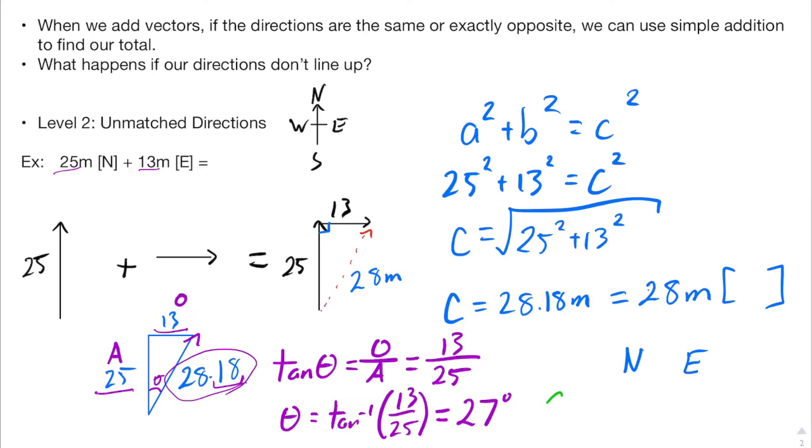Therefore, our final vector is 28 meters, and for our direction, we have 27 degrees. This angle is starting from our north and then moving 27 degrees towards the east. So we say this is north 27 degrees east.